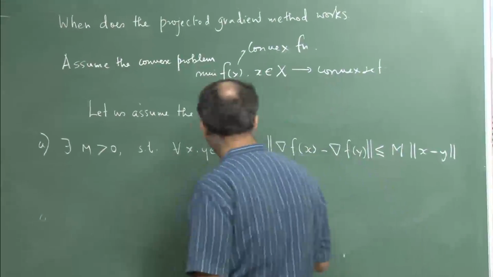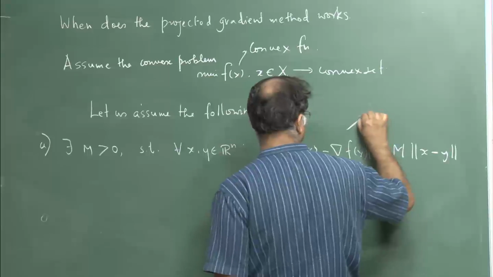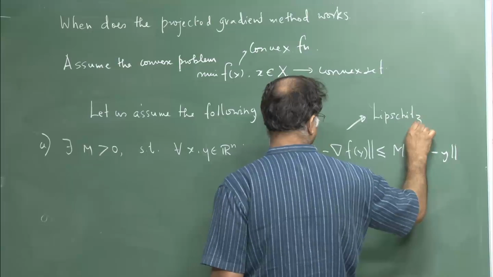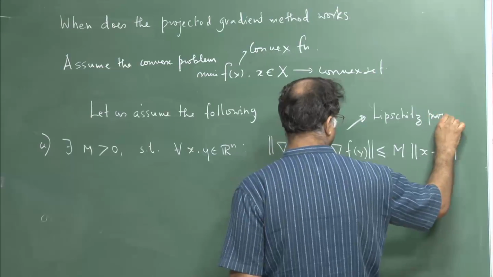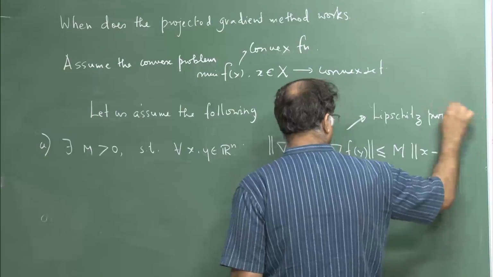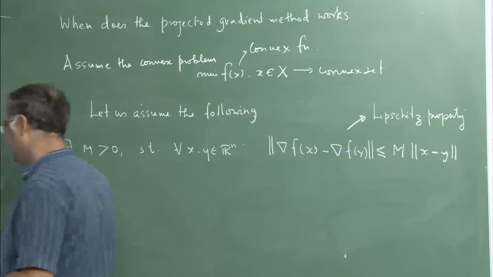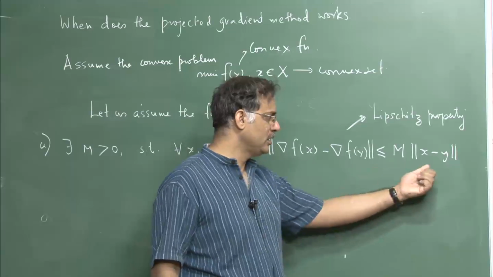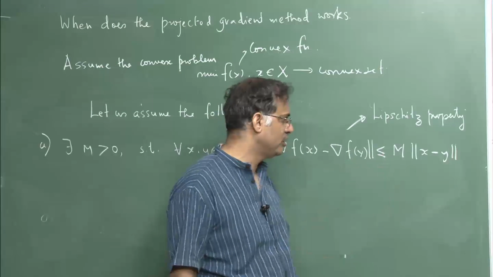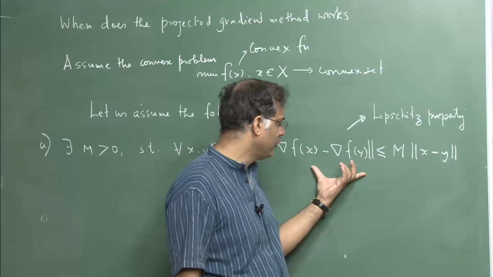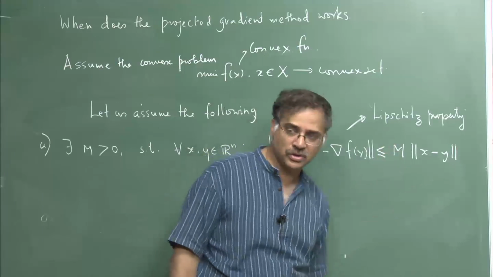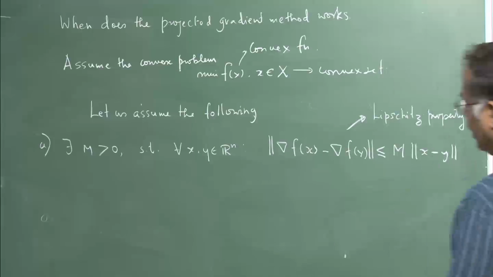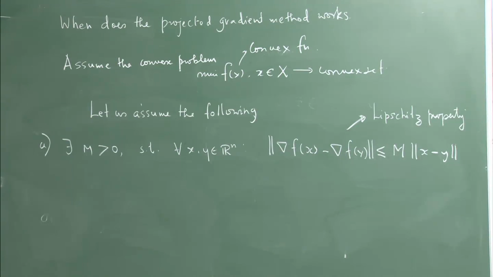So, this is something called the Lipschitz property: the distance between the functional values is less than some constant times the distance between the original points. If m is 1, then we call that map a non-expansive map.